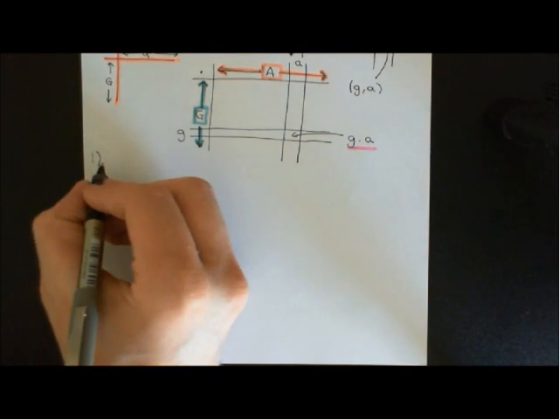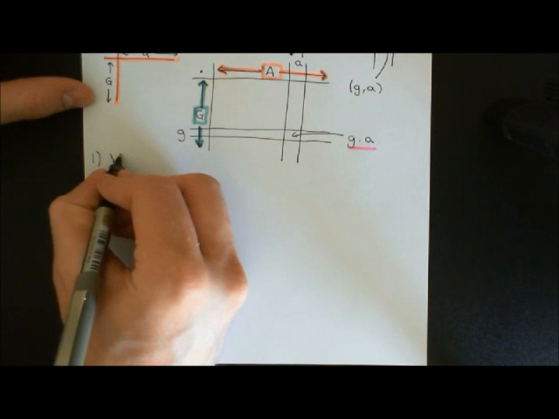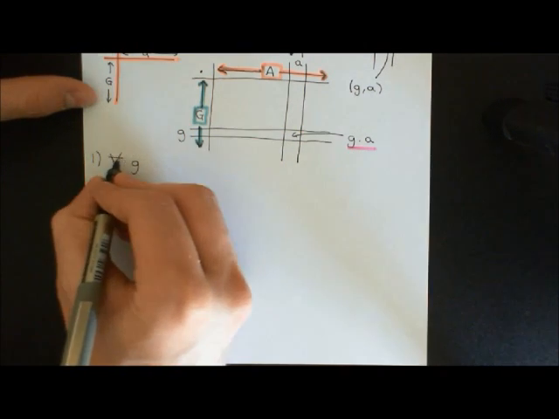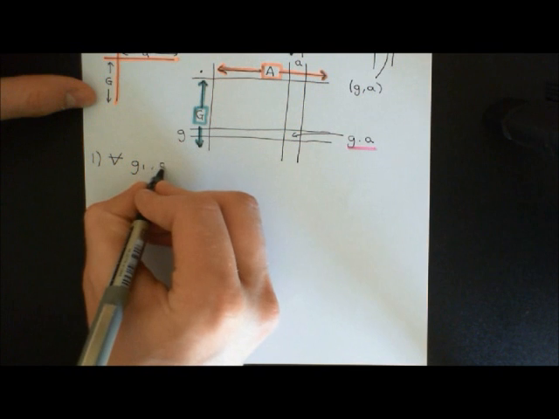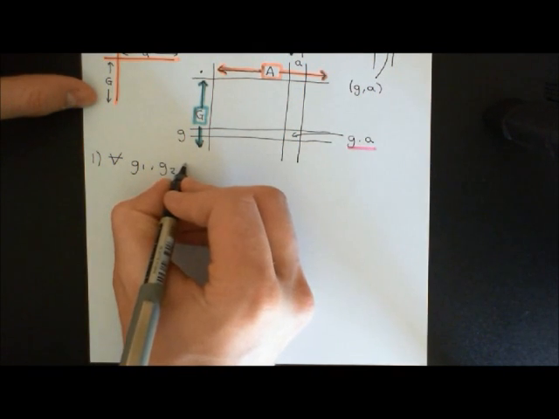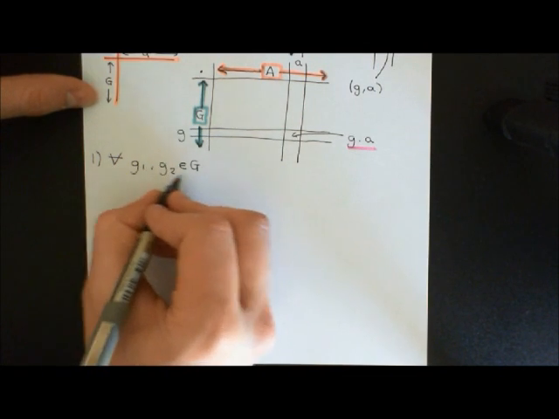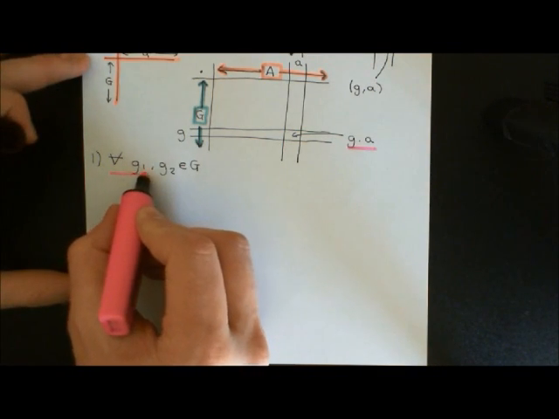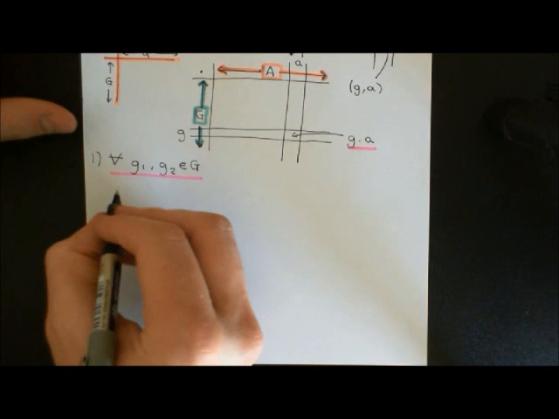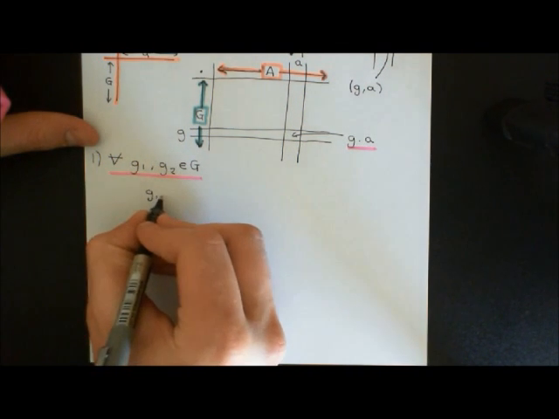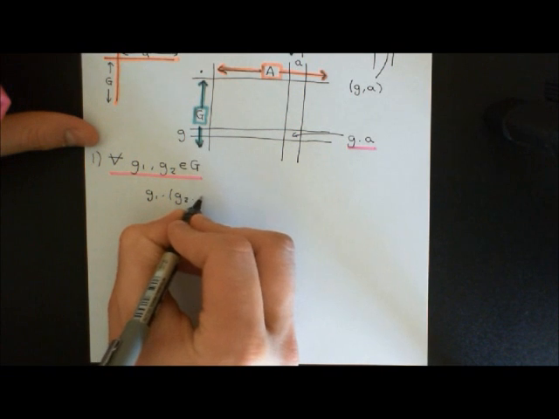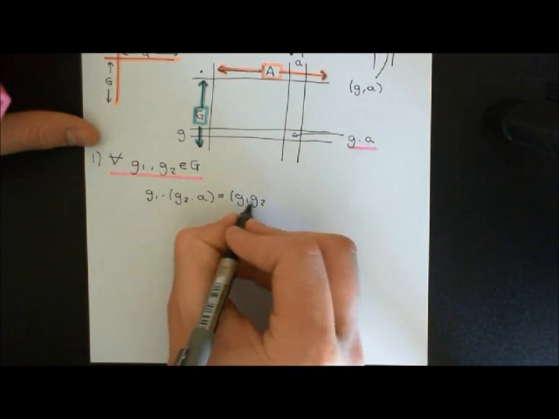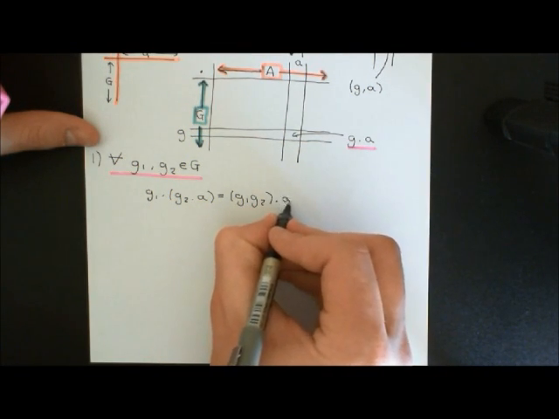Property number one says that if you pick any two elements from the group capital G, so for all little g1 and little g2 that you pick from the group, I'm just going to call these arbitrarily little g1 and little g2, it must be the case that g1 dot (g2 dot a) must be equal to (g1 composed with g2), where this is composition in the group, and then that answer dot a.